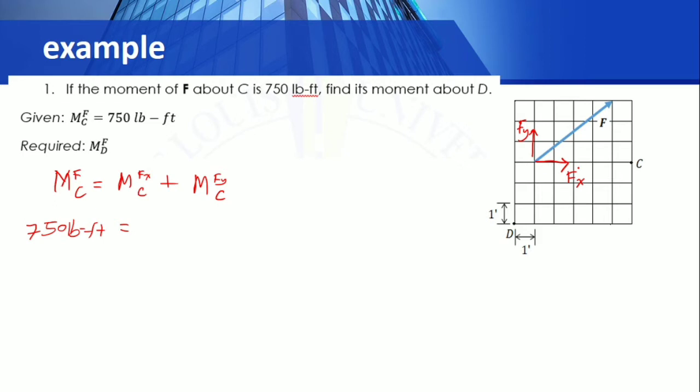So hindi natin mai-rotate yung ating f of x kasi nandun siya mismo sa line of action. Yung line of action ng force is nandun mismo yung point natin. So always remember class, hindi natin to maro-rotate kasi kung titingnan nyo yung direction ng force natin is nakadirect siya kung saan tayo magmo-moment.